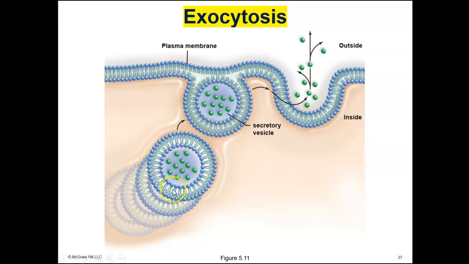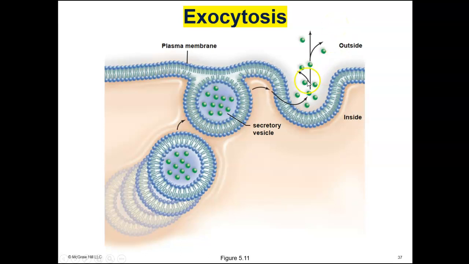But anyway, just imagine that you've got a vesicle inside the cell and it contains this solution, these green solute particles dissolved in a watery solvent. That vesicle will move to the plasma membrane and fuse with it, and then eventually the plasma membrane will open up and secrete the substance outside the cell.